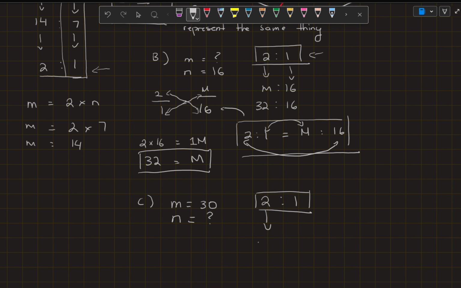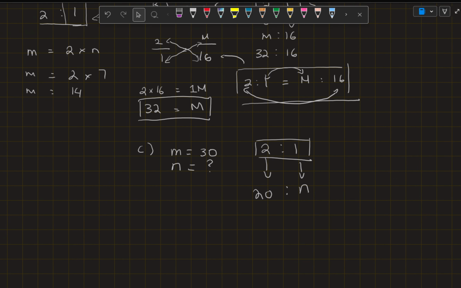This time I'm told that m is 20, but I don't know what my n is yet, okay? So what I would have to do is the opposite here. If m is 2 times n, then n would be m divided by 2, right? Like it's just the other way around. So without doing anything, I know that my answer is 10.